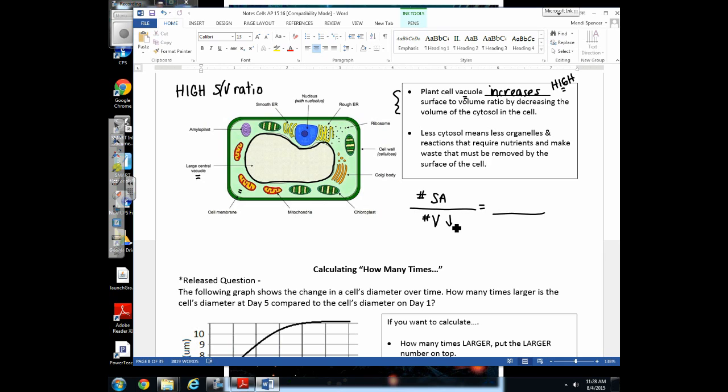So we're lowering the volume. Do you know what's going to happen to this number on the other side of the equal sign, to the ratio? Well, whatever you do to the denominator, remember the bottom number is the denominator, the opposite is going to happen to your answer. So if you decrease the volume, then that's going to increase this number. That's going to increase the surface to volume ratio.